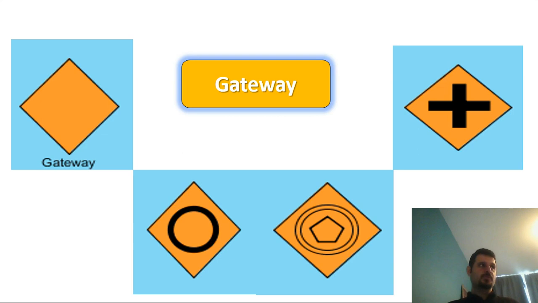Gateway can help us display, for example, a business rule. We will become familiar with four kinds of gateway. Exclusive gateway: let me show one software after this slide.